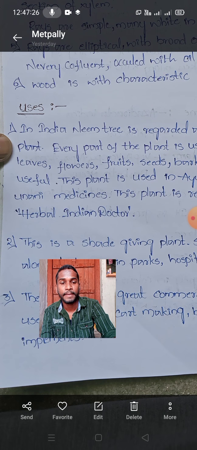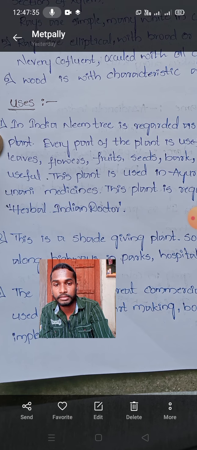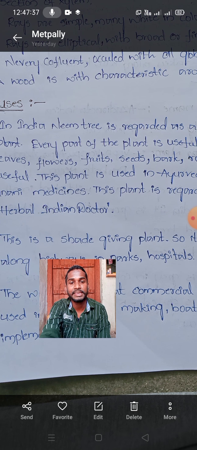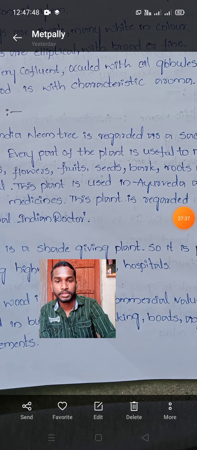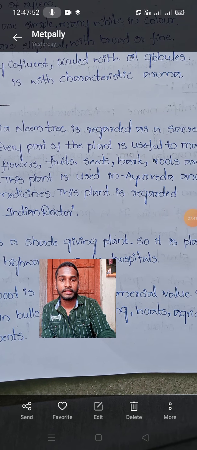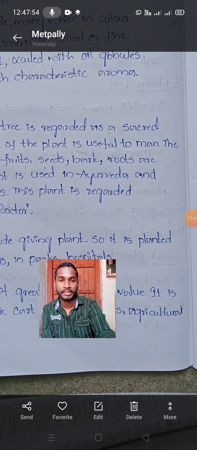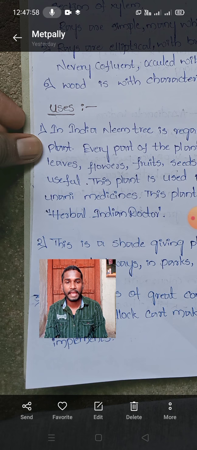Uses: there are many uses of the neem tree. It is used in Ayurvedic medicine in India. The neem tree is regarded as a sacred plant.